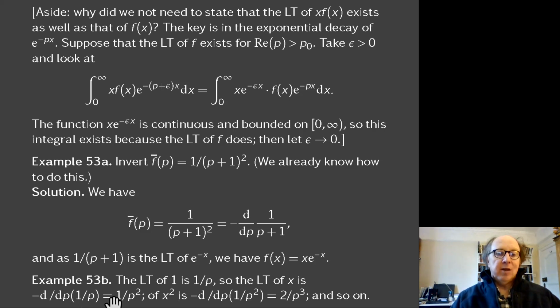And of x squared, you take this one and differentiate with a minus sign, minus d by dp of 1 over p squared, you get 2 over p cubed, and so on. So that's a neat way of doing that. The other way round, as it were, instead of starting with x to the n and working backwards, you start with x to the 0 and work outwards.